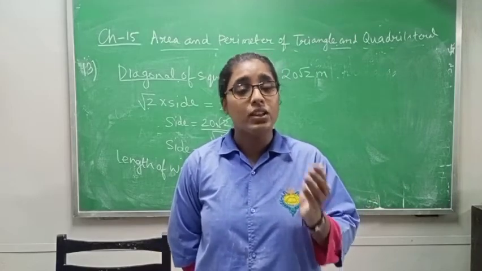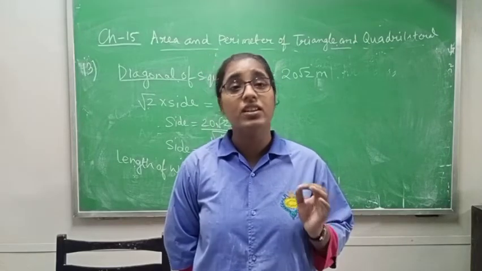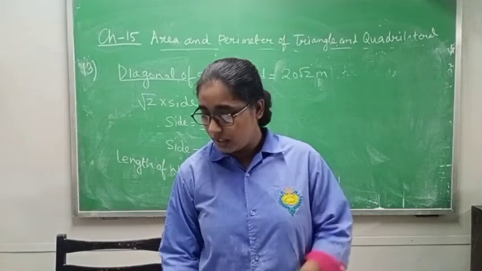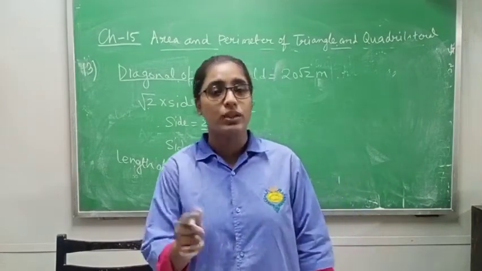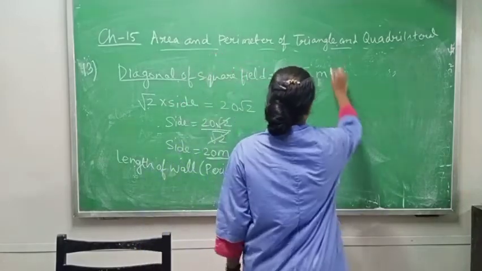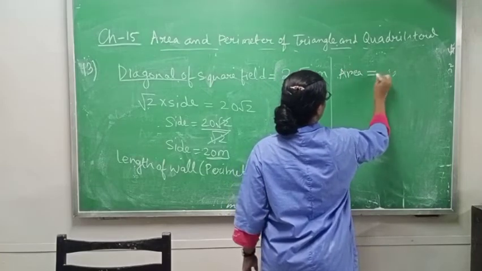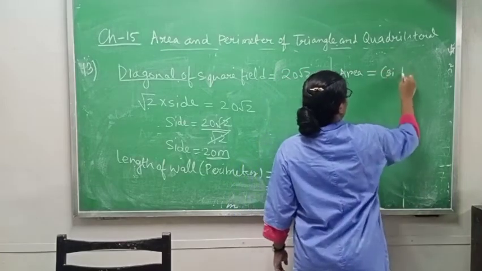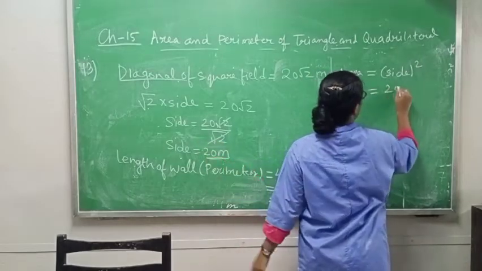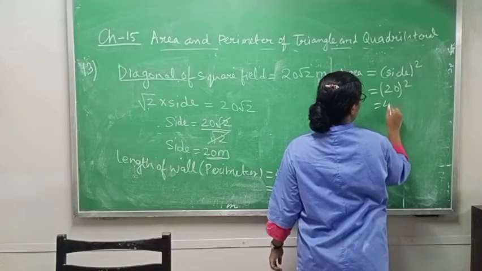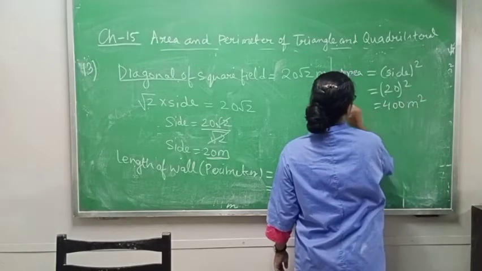So they are telling to find the total cost, for planting grass at the rate of rupees 20 per square meter. Twenty per square meter means first you have to find area. So what you will do here? Area equals to, you know the formula, side square, and side is how much? 20. So you will write 20 square. You will get 400. 20 square will give you 400 meter square.